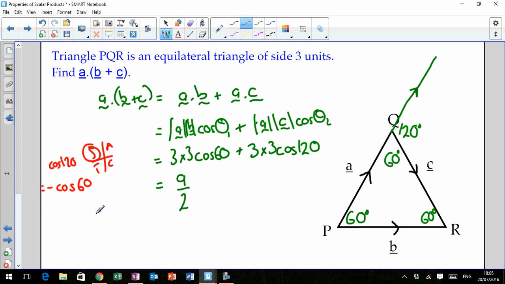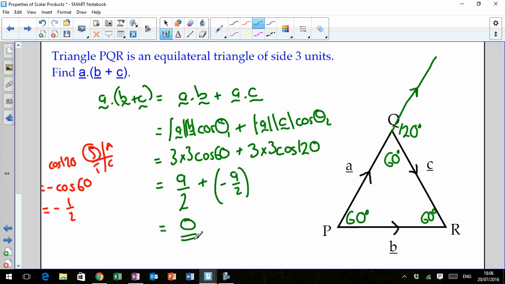So it's negative cos 60, which is negative a half. Which means we're adding on 3 times 3 times negative half, so negative 9 over 2. So 9 halves add negative 9 halves is going to be 0.